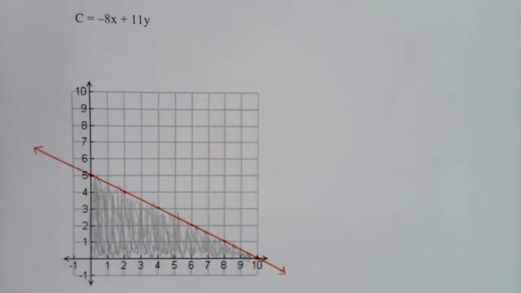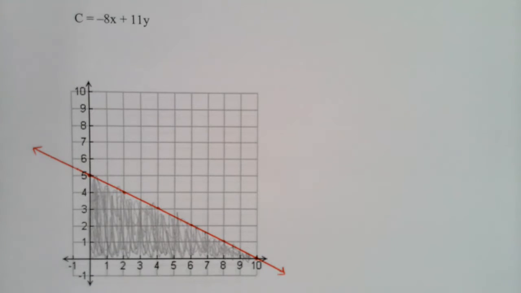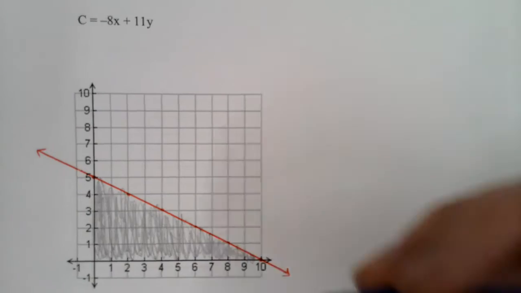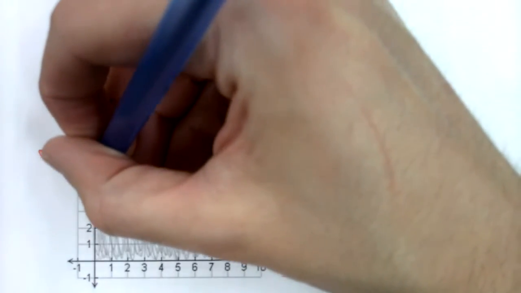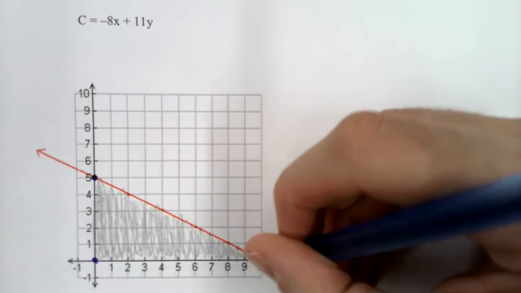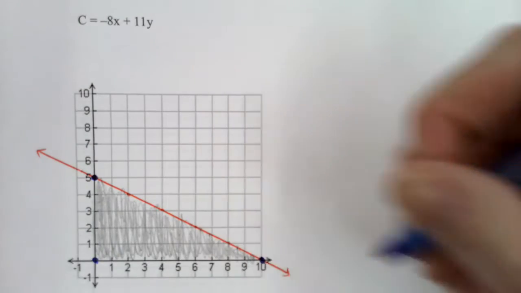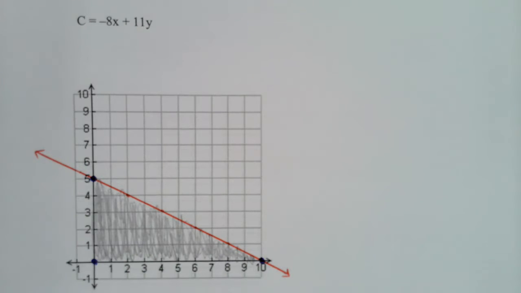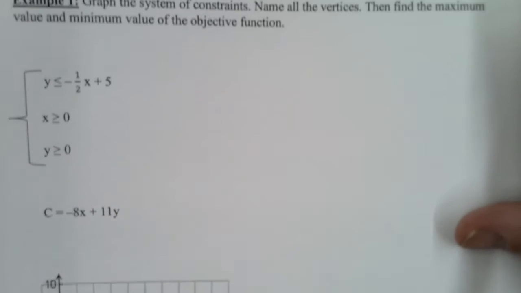Let me get another color for the vertices. I'm going to color the vertices of my feasible region in blue. So this is a vertex of my feasible region, that's a vertex, and that's a vertex. The question asked you to state the vertices of the feasible region, so let's do that above.